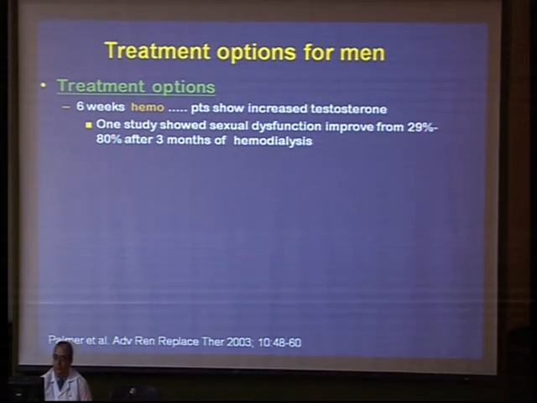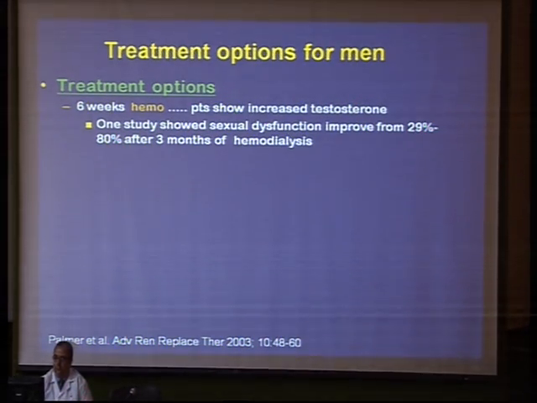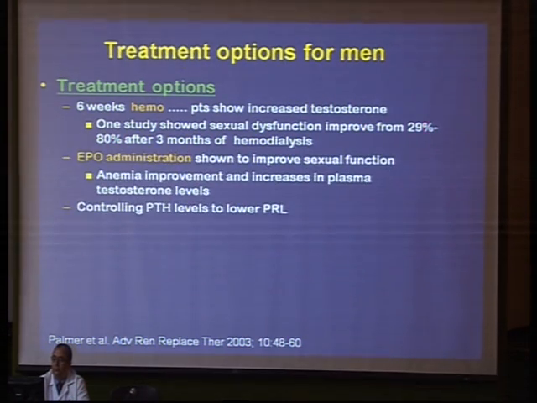In men with this problem, we have different treatment options. Just dialysis for 6 weeks can improve this condition and increase testosterone level. One study showed sexual dysfunction improved after 6 weeks of complete hemodialysis sessions, with improvement up to 80% after 3 months.